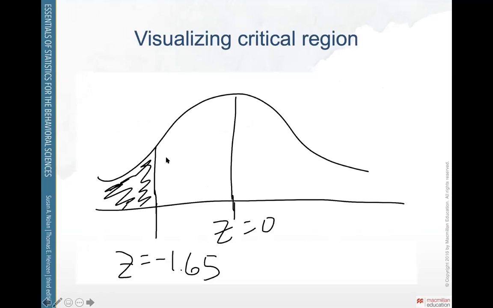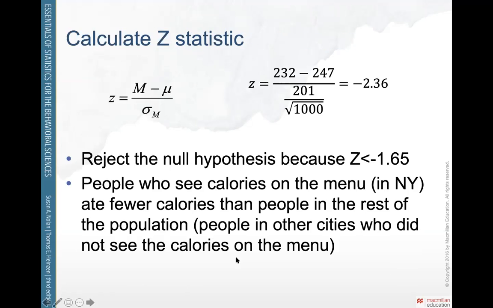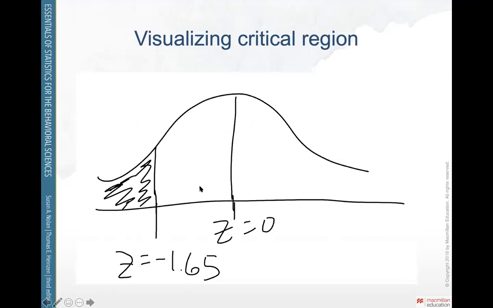Going back to our picture, our critical boundary is z equals negative 1.65. The z-score we calculated for our sample mean of 232 was negative 2.36, which would be somewhere over here. So that negative 2.36 is in the critical region.